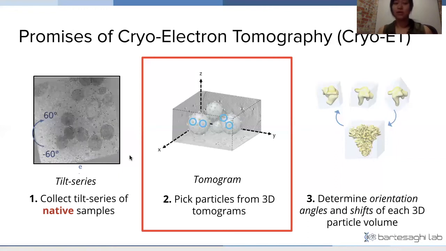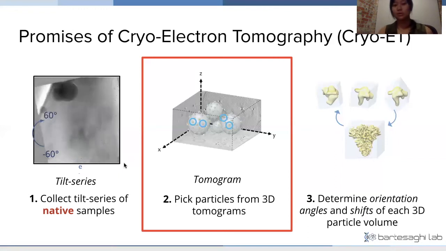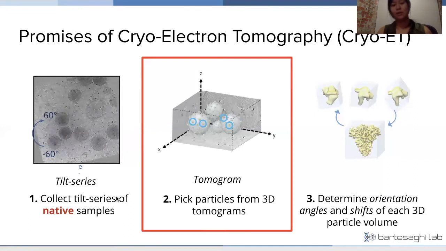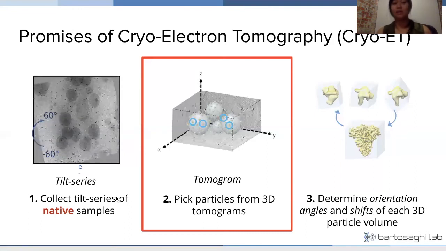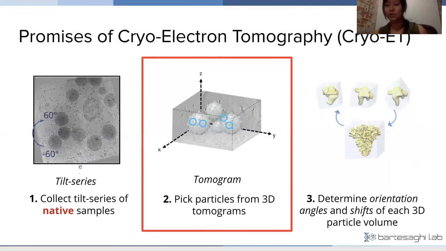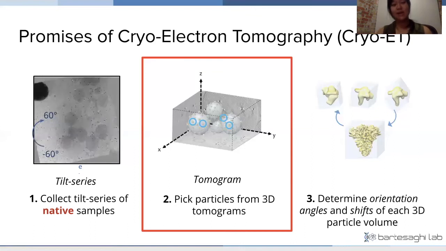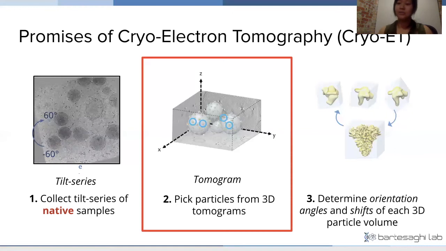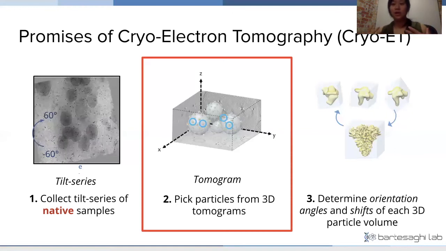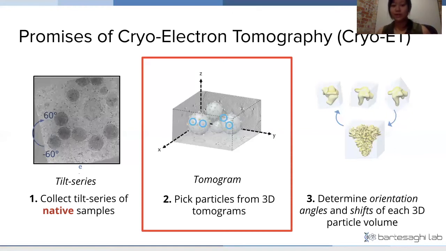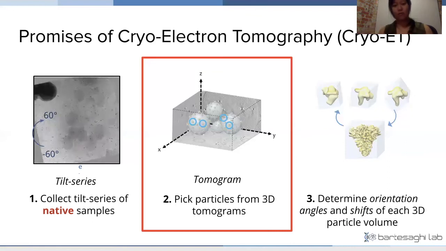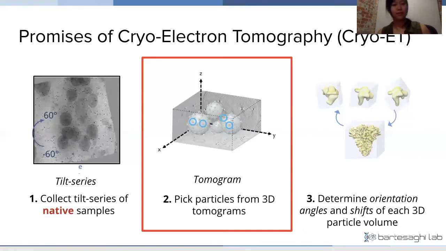This is a result of the limitations of the electron microscope and the fact that cryo-ET scans often result in very low signal to noise ratio. By finding every single particle inside of the tomogram and averaging it, we're able to generate a high definition representation of the figure. And as such, our project is mainly focused on the second step, where we're trying to pick the particles from the tomograms.